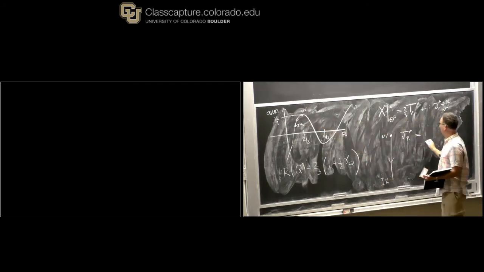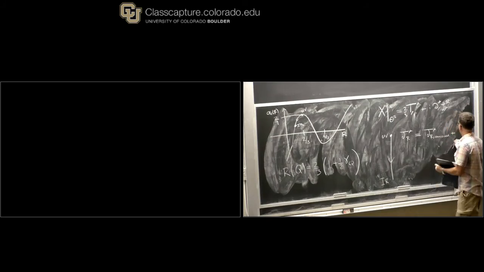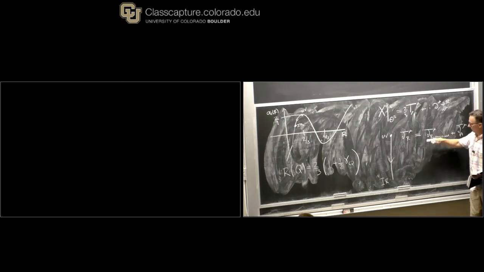And that R current, JR conserved, we can write as the conserved piece plus something that's proportional to the axial anomalous current. So this is J for the anomalous current, mu. So the R current where we assign 2/3 is the conserved one that we talked about plus this anomalous piece.